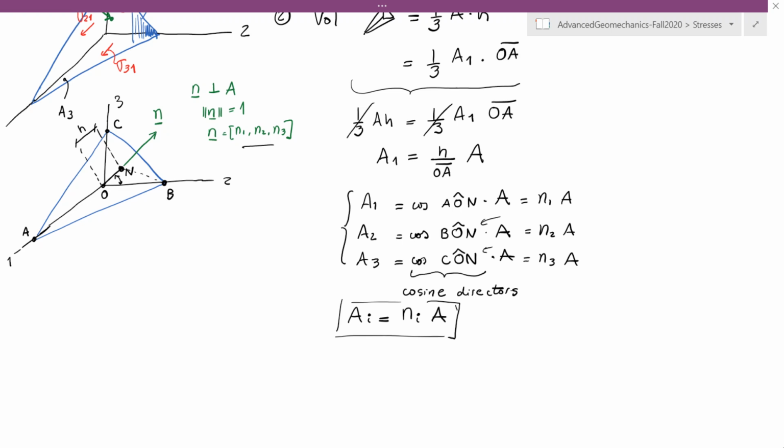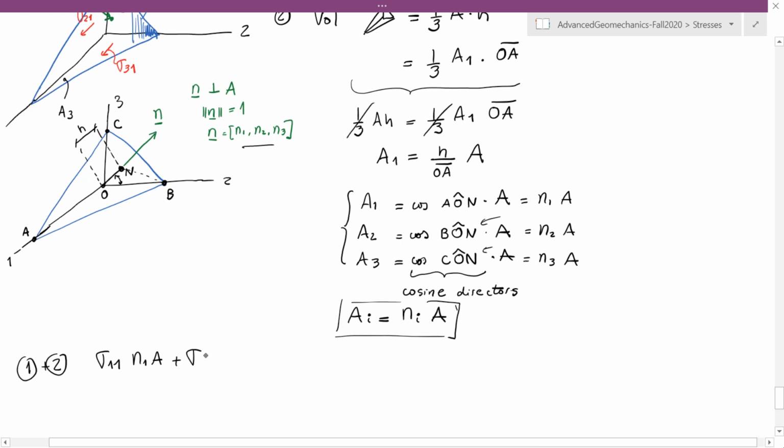And if I replace, let's write over here, 1 and 2, the result is going to be that sigma 1,1 times A1 is now n1 times A. Sigma 2,1 times A2 is now n2 A. Sigma 3,1 times A3 is now n3 A. And that's equal to T1 times A. And notice that A is everywhere in each term, so I can cancel this out.